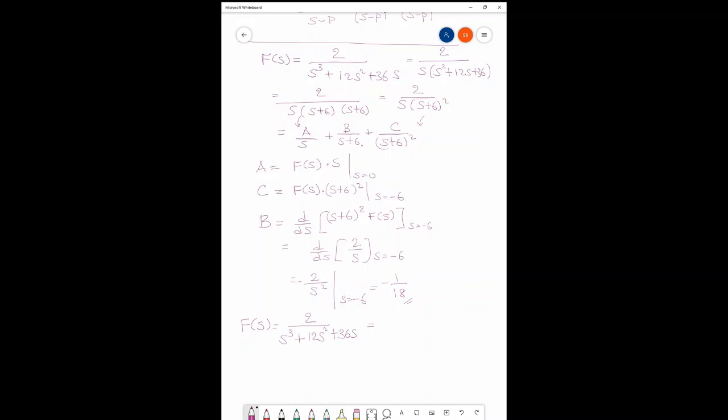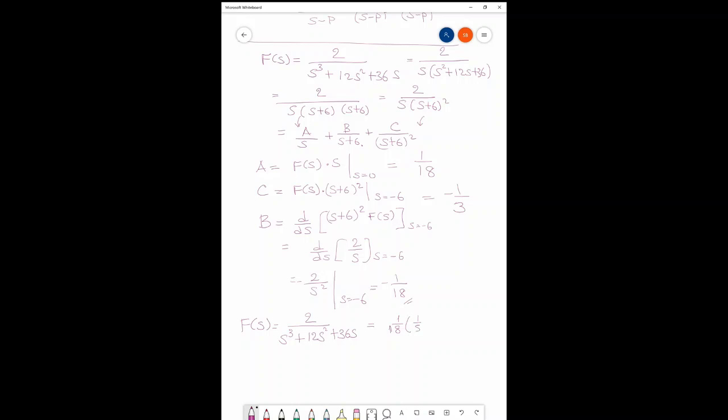If we solve for a, I have found a to be 1 over 18, and c, which is for the square, is minus 1 over 3, and b is minus 1 over 18.